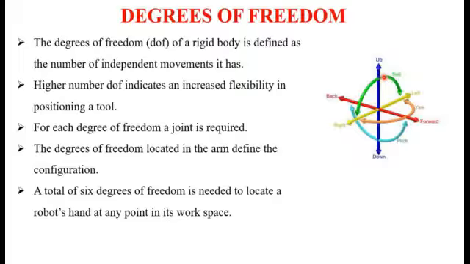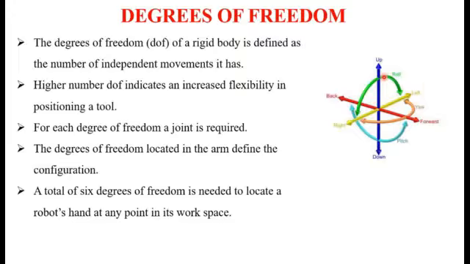The machine or the robot has a number of independent movements, and that number is the degrees of freedom of that rigid body, machine or robot. A higher number of degrees of freedom indicates increased flexibility in positioning the tool. If a robot has a high number of degrees of freedom, it is very flexible; its flexibility is higher.